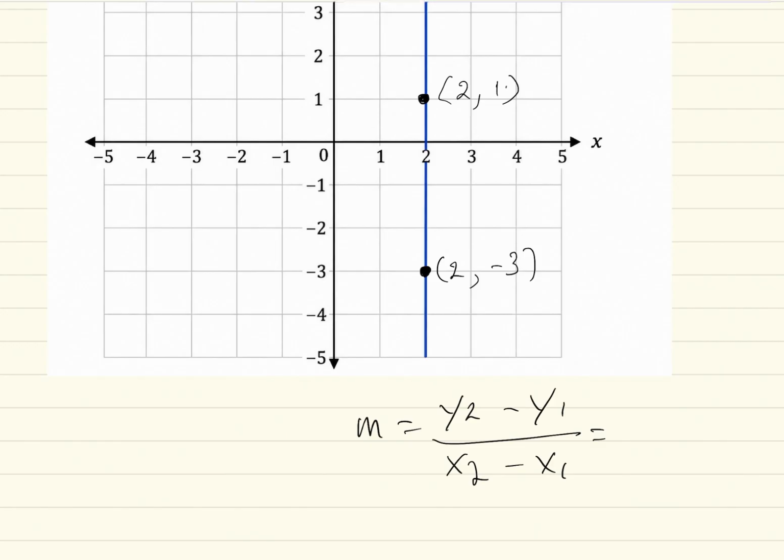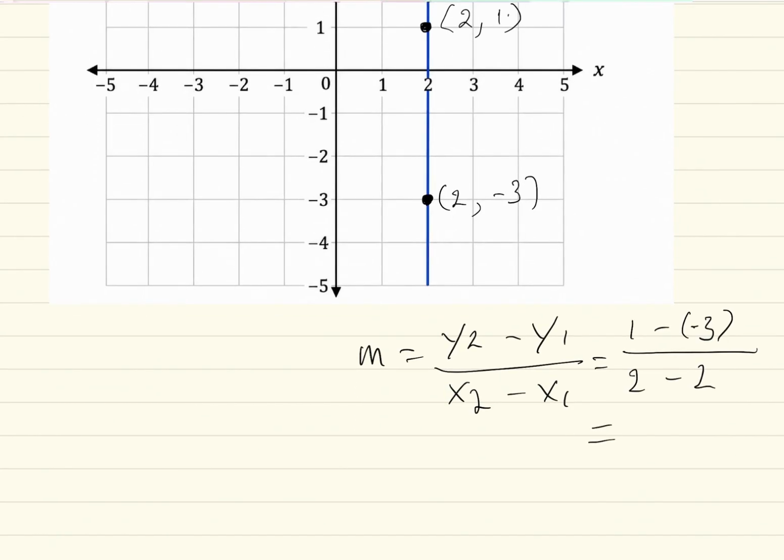Okay, so let's pick our y values. Let's say we start with this point. So y value is 1, and we subtract from the other point, 1 minus -3. And then here, we go back to this point, 2 minus 2, and you can see where this is going.